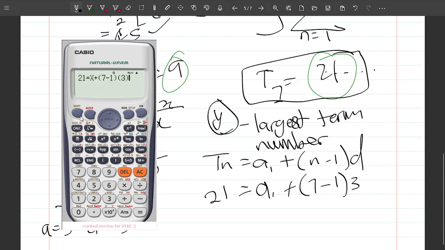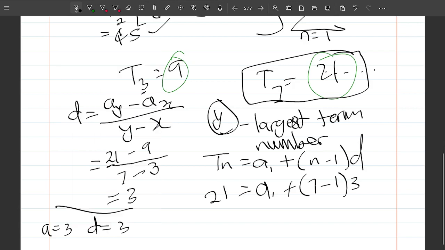There you go. Then shift solve equal to, and then we just get 3. So that means my a is 3. So a1 is 3.